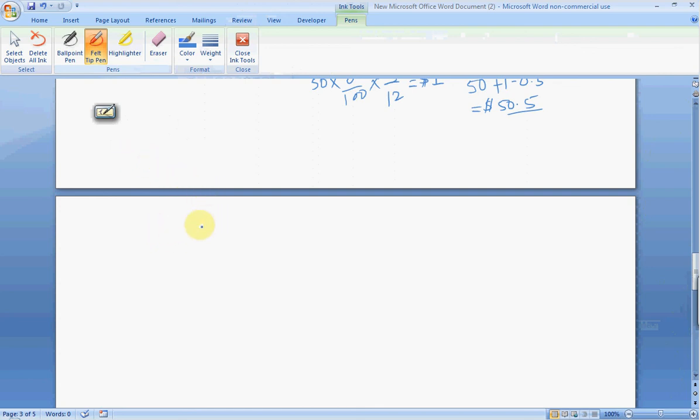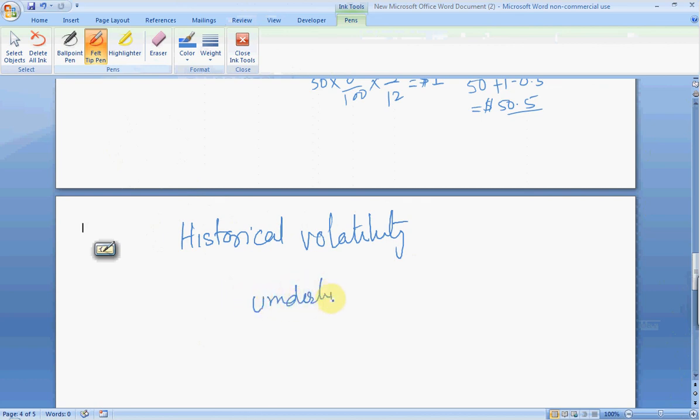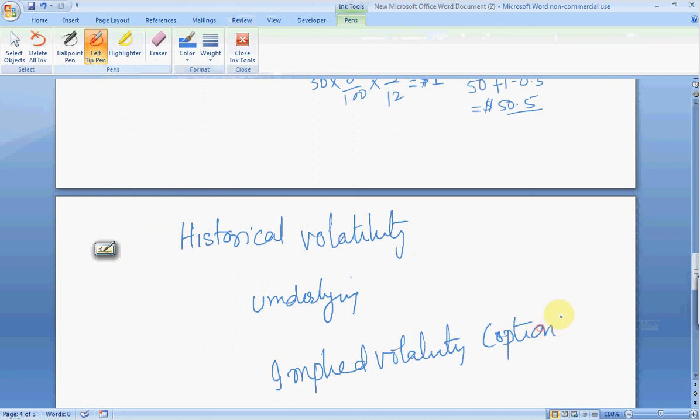There are 2 types of important volatilities that I'm going to talk about. There is historical volatility, which is mainly the historical price of the underlying. This is associated with the underlying. And then there is implied volatility, which is associated with the pricing of an option.